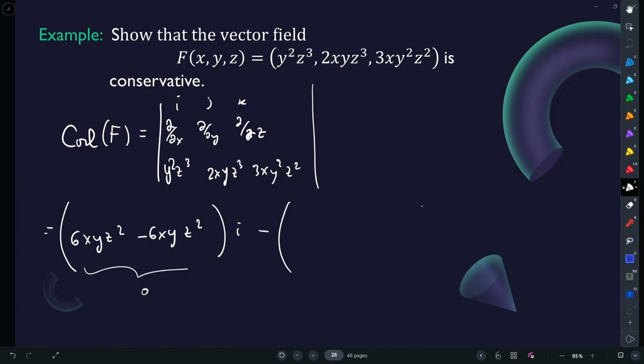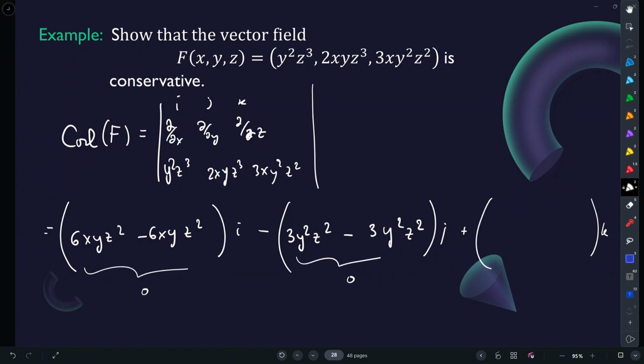Minus, in j, what do I get? In j, I'm going to get this one minus that one. The partial with respect to x of 3xy squared z squared, that is 3y squared z squared, minus the partial with respect to z of y squared z cubed, that is 3y squared z squared, which again is 0.